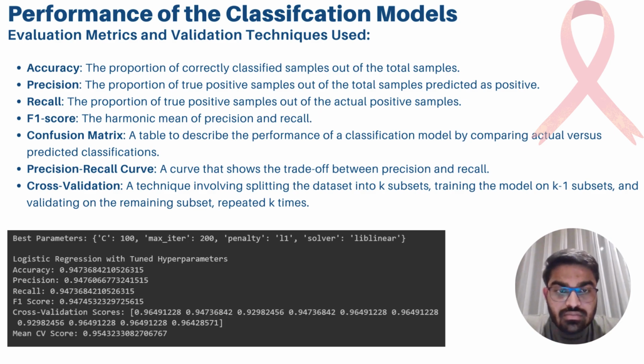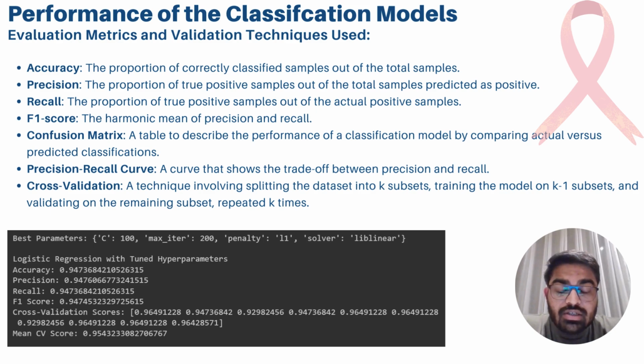If you look at the bottom left hand side of the screen, you will see a snippet of the code, where we built a logistic regression model with tuned hyperparameters. The accuracy of that model was 94.73%, precision was 94.76, recall was 94.73, and F1 score was 94.74.